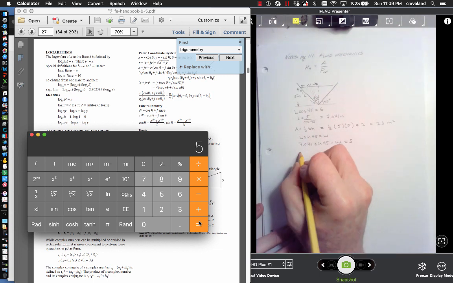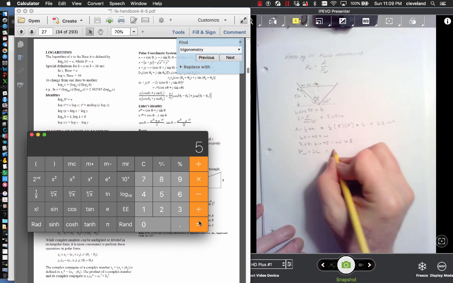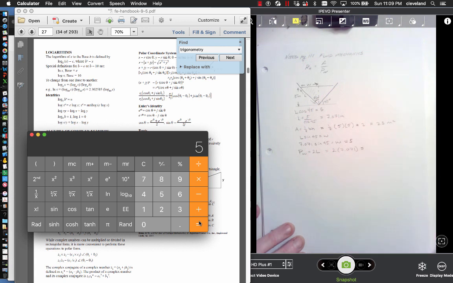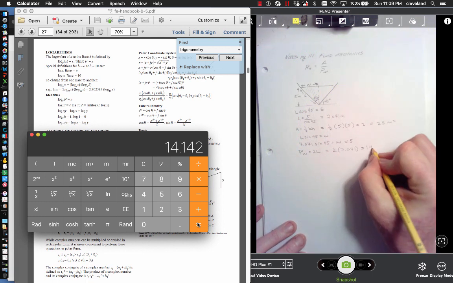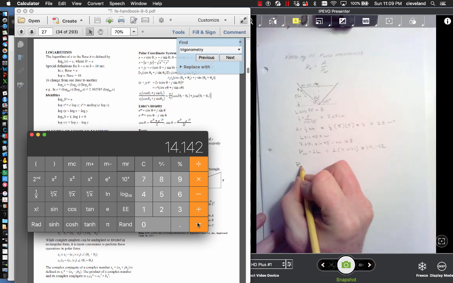And our wetted perimeter is 2L, which equals 2 times 7.071, which is 14.142. And now we can calculate the hydraulic radius.